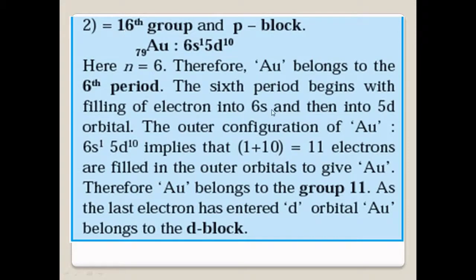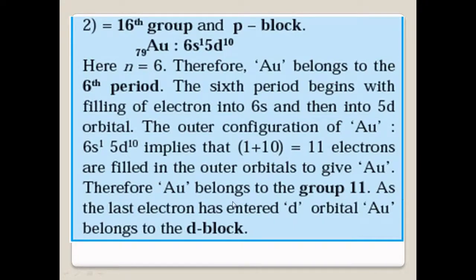Whereas gold, that is Au, which has the electronic configuration 6s1 5d10, belongs to, means n is equal to 6, the 6th period, whereas the sum of electrons, that is 1 and 10, makes it the 11th group element.